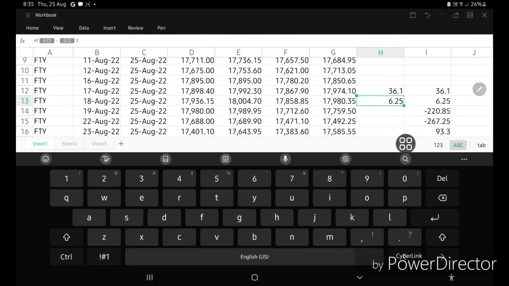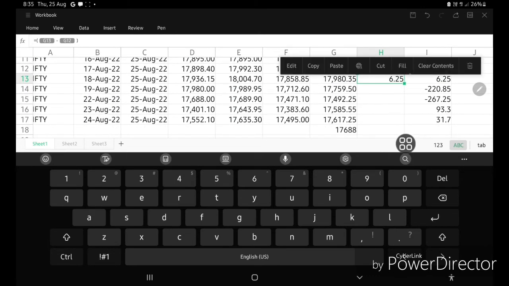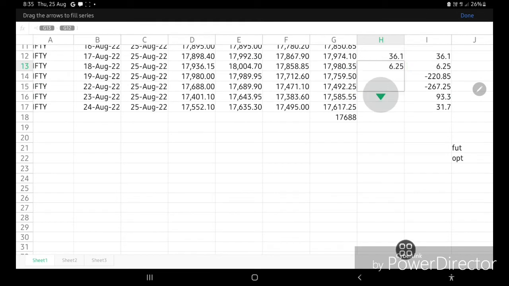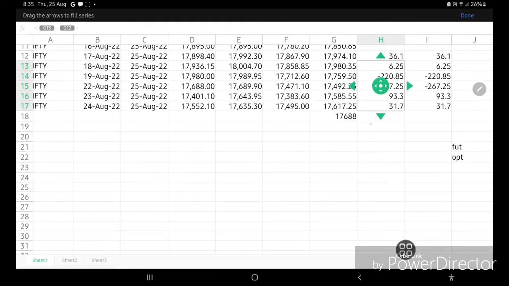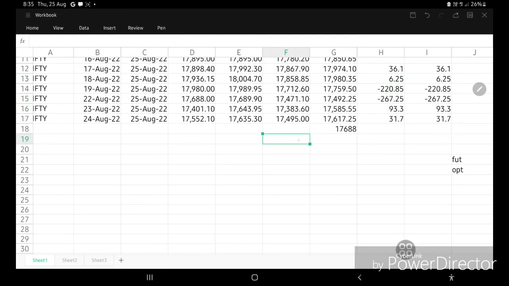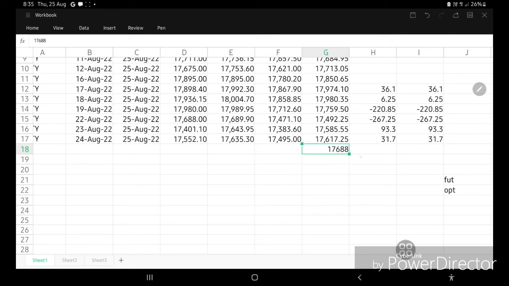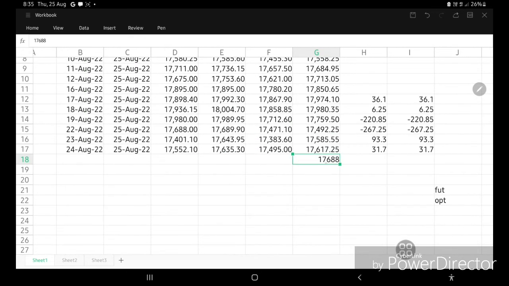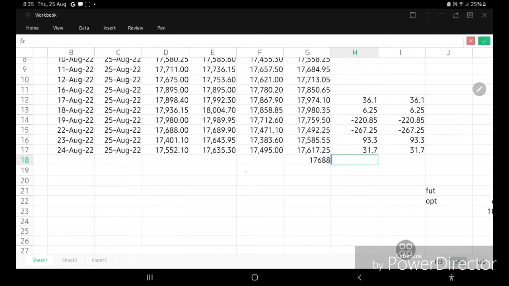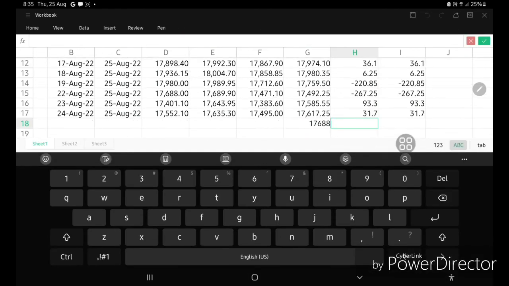Now what you can do is click and drag the corner, fill option, and click and drag. This is what you get. And 17,688 was of 25th, edit, because the future I sold today is equal to, close the bracket, closing.